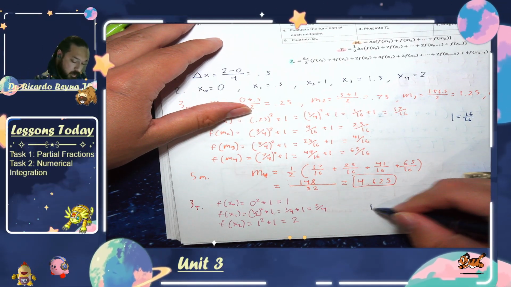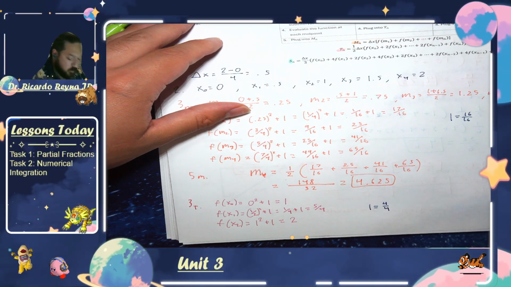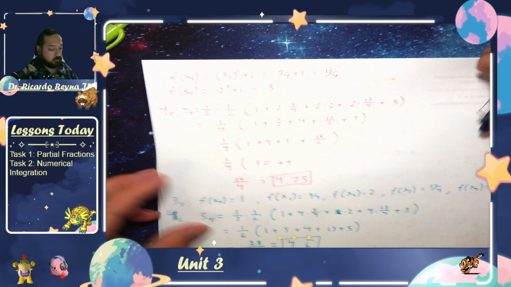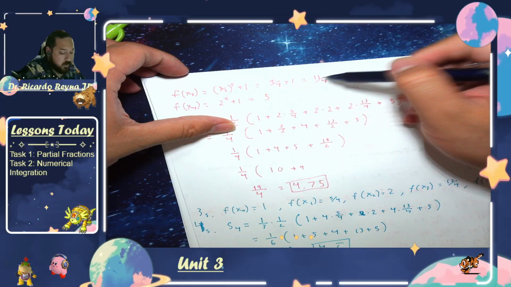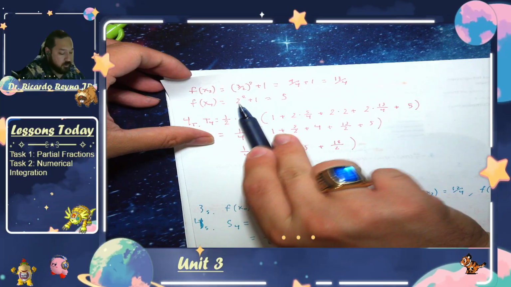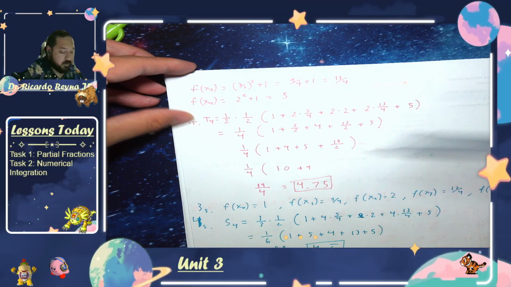I used the fact that 1 is 4 over 4 to get 5 over 4. 1 plus 1, 2. 3 over 2 squared is 9 over 4 plus 1, 13 over 4. And then lastly, 4 over 2 is 2, so 2 squared plus 1, that's 4 plus 1, 5.